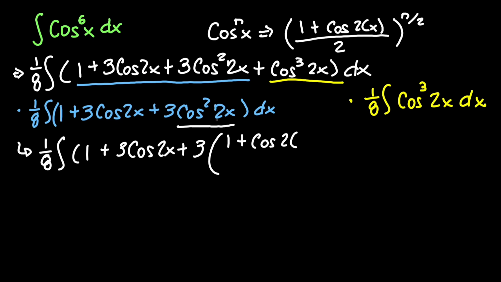The value of x right here would be 2x, so 2 multiplied by 2x would be 4x over 2.